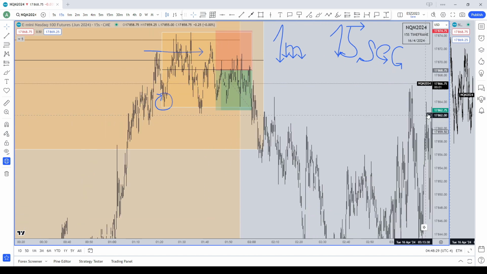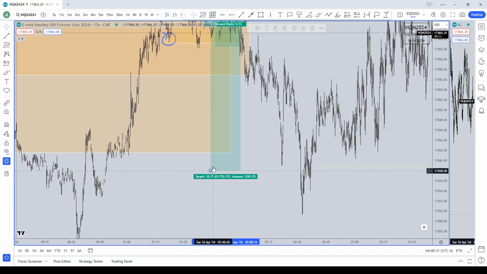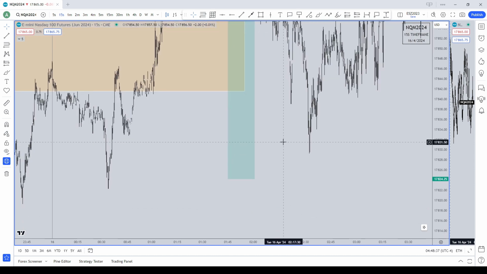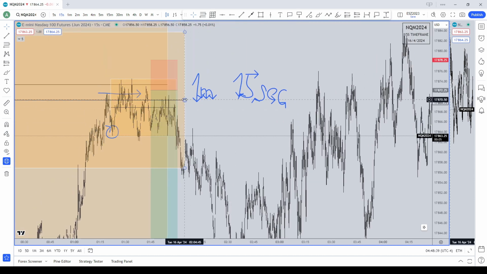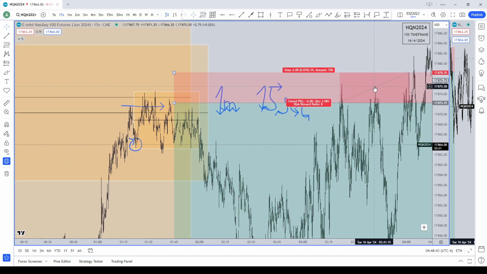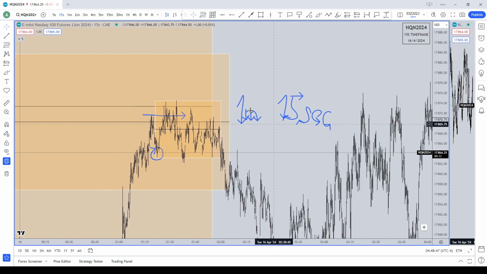But if you want to go much lower, like for that zone, you can get a stop loss like that. Look at that. And that's why I don't recommend to mix the time frame.